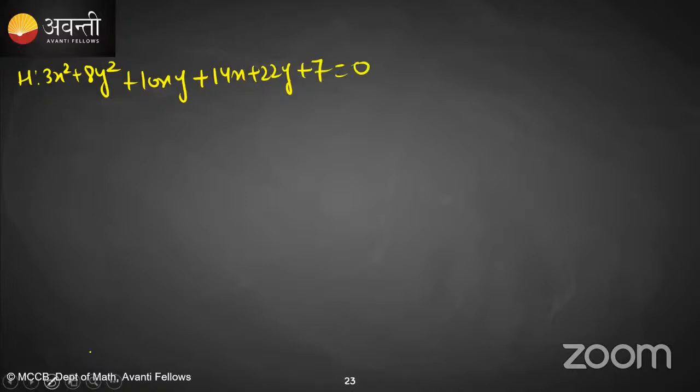This is the equation of the hyperbola. First of all, this is nothing but f of x comma y. This is a mixed function where an x term is present and a y term is present, so this is a function of x comma y.